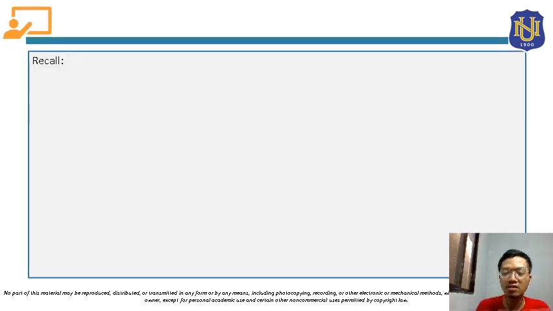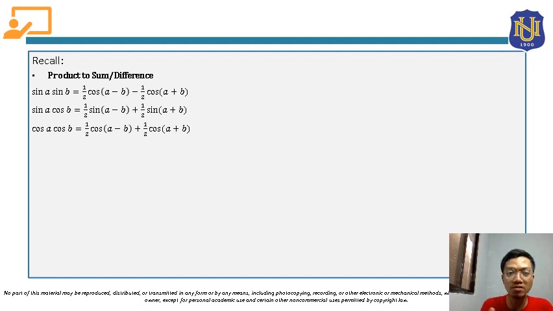To recall here some fundamentals of math that we can use for linearity of Laplace transform. So we can use this trigonometric identity from product to sum or difference. As we can see here, these are products of trigonometric functions: sine A sine B, sine A cosine B, cosine A cosine B. So we cannot solve directly its Laplace transform.